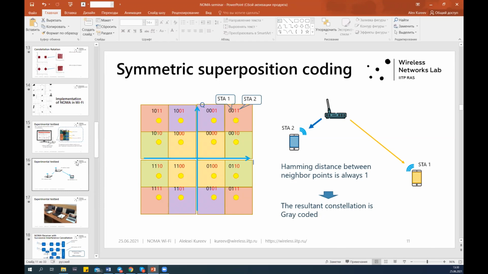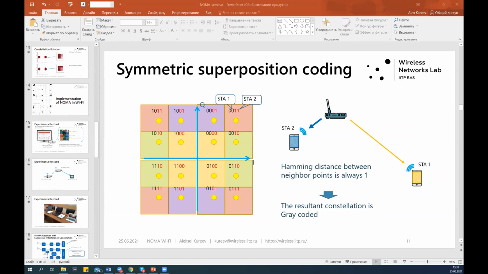It becomes effective only if the channels are very good and we are at the bound of the signals. For example, the channel is so good that we could use 256 QAM, but the technology has a restriction of maximum 64 QAM, and thus we can use multiple 64 QAMs instead of 256. So the general answer is NOMA is effective when powers are different.